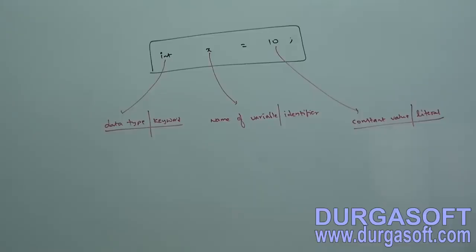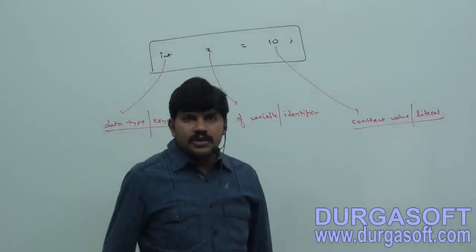Data type or keyword. x is the name of the variable or identifier. 10 is a constant value or literal. So I hope it's clear for you people, right?